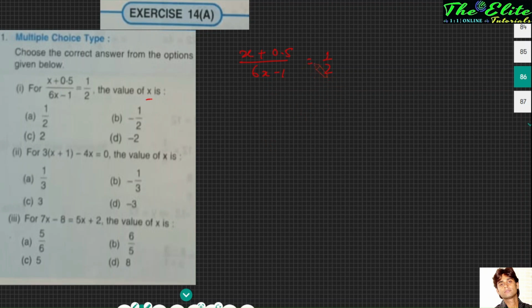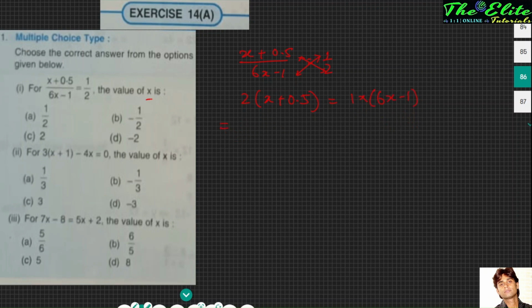Simple, you will go by cross multiplication and make it appear in a single line, not in fractions like this. So it will be 2 times (x plus 0.5), because 2 is getting multiplied to the whole of this fraction, and now this is going to be 1 times (6x minus 1). Clear?